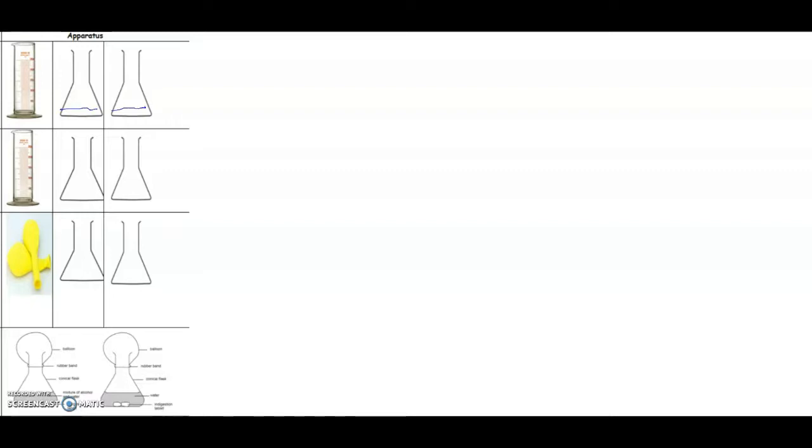Now, in the second step, add 5 cm³ of alcohol in one of the flasks. So we have taken 5 cm³ with this measuring cylinder and added alcohol in this flask, in one of the flasks.